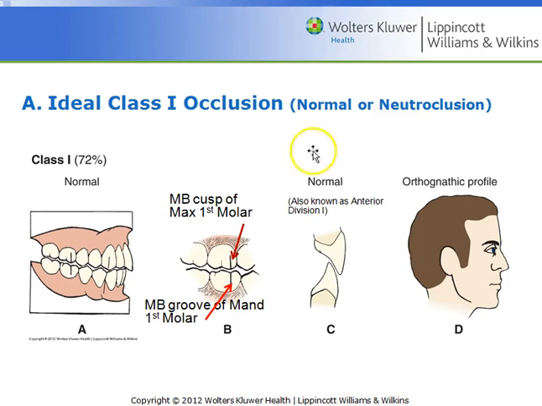The anterior division is known as division 1, where there is very little overjet, and the angulations of the maxillary anterior teeth is normal. In a class 1, you will see what's called an orthognathic profile, which means that it's relatively straight.